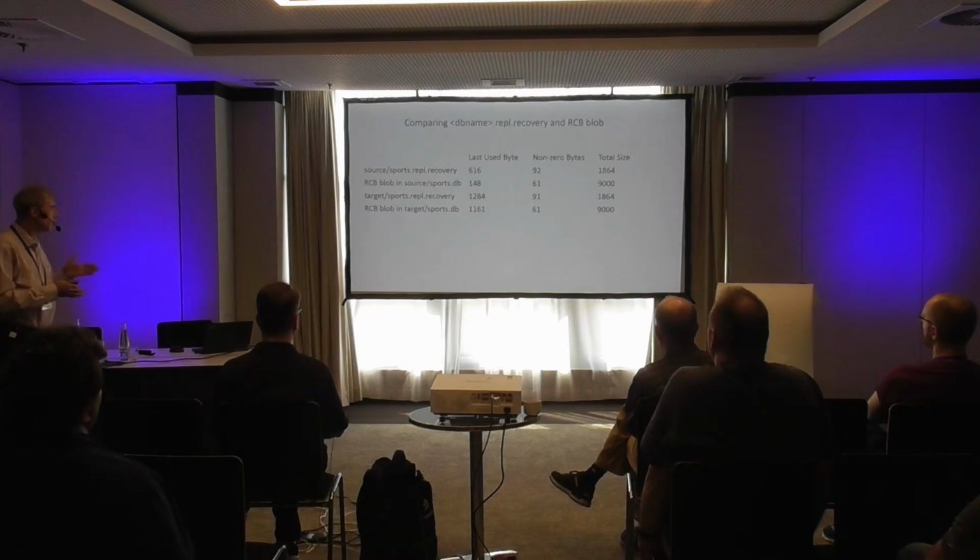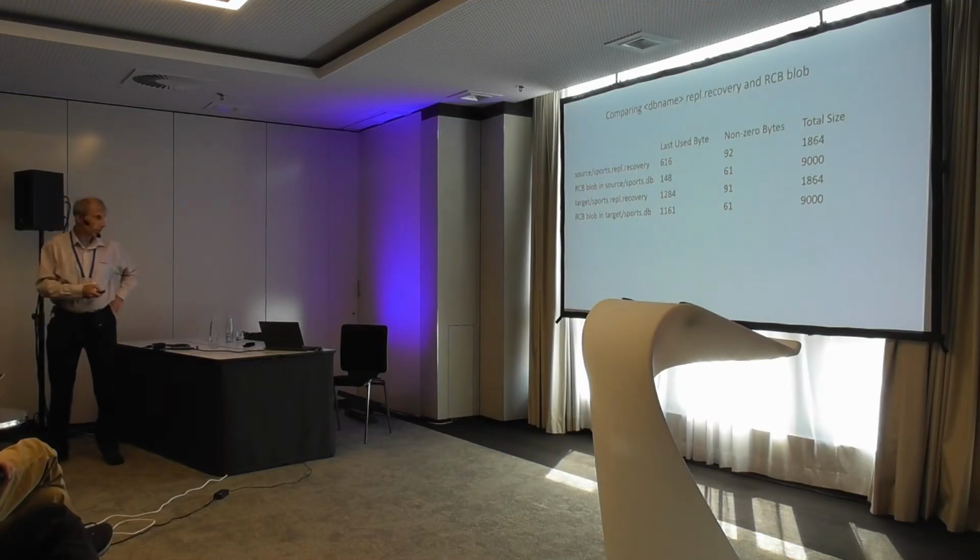So basically the first part of this file is for the source database. This is the first 600 bytes. And the last 600 bytes are for the target database, I guess. And similar for the blob. Though the size of the blob was much bigger, I don't think the whole size is used.